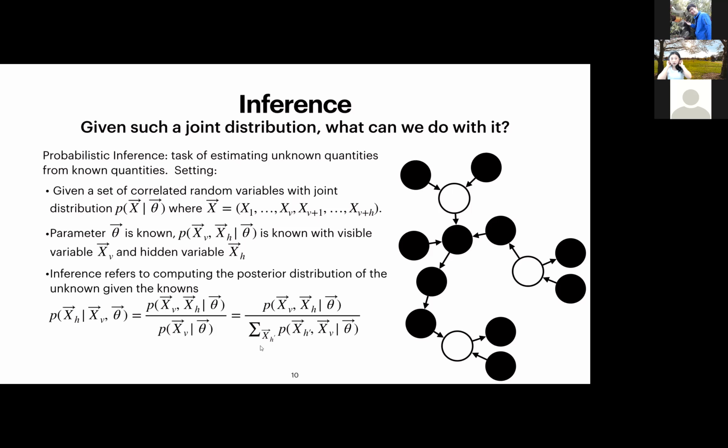This is just what inference in a graphical model is. Specifically, this is a directed graphical model as an example. Also, this p(xv given theta) is the likelihood of the data, also known as the probability of evidence. I think this is very obvious. Everyone knows about it.